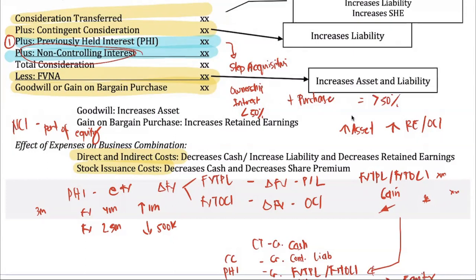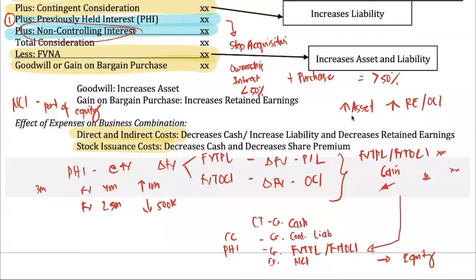If FVTOCI, the change in fair value is presented in other comprehensive income. Generally, your entry, if there is a gain, is debit FVTPL or FVTOCI, credit gain. Now, for your non-controlling interest, you will just make an entry once you purchase already or there is already a business combination. So generally, we have these four items for business combination.